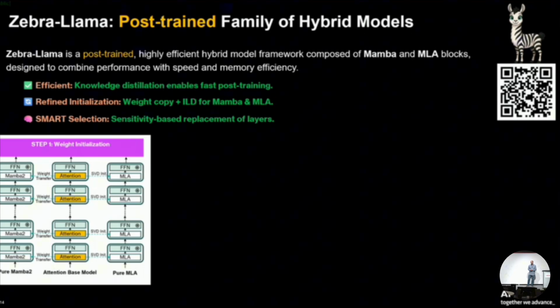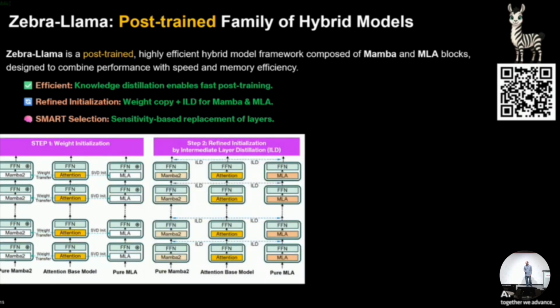So based on the correspondence we have between the attention-based models, Mamba-based models, and MLA-based models, we use the attention weights to initialize the Mamba weights, and for MLA we use an SVD, singular value decomposition, approach to initialize our MLA weights.